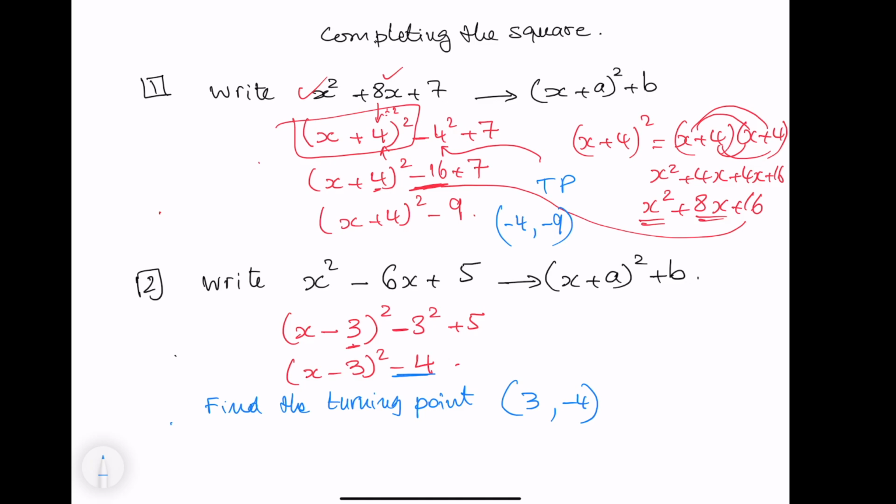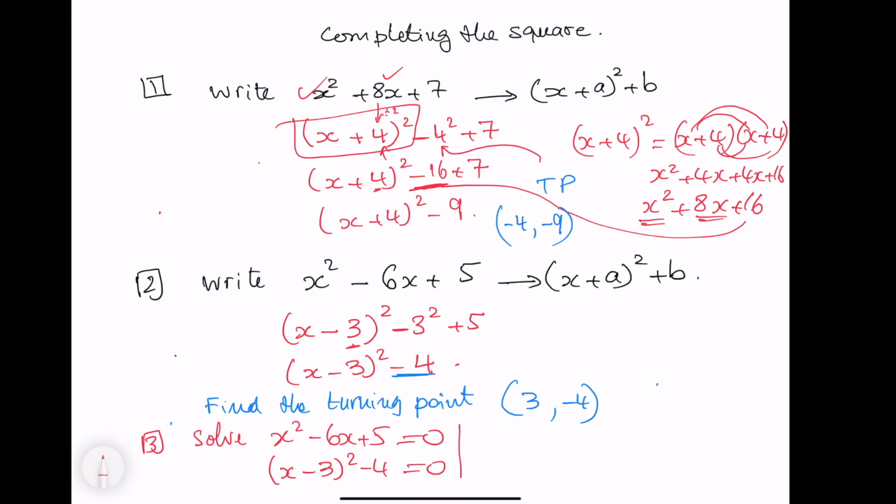Right? And then if you have to solve it, if you have a question, number 3, for instance, it says solve x squared minus 6x plus 5 equals 0. So all you have to do, use the completing the square form, x minus 3 squared minus 4 equal to 0, yeah?